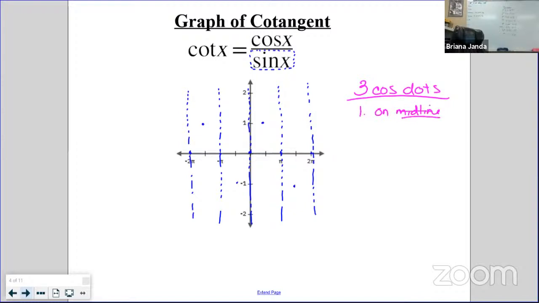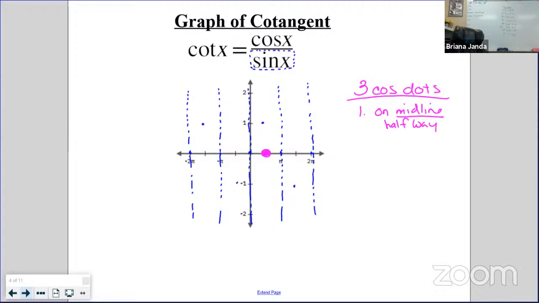That's key. It has to be on the midline. I didn't mean to cross that off. On the midline, exactly halfway between your asymptotes. So my first cosine dot is exactly halfway between my asymptotes.